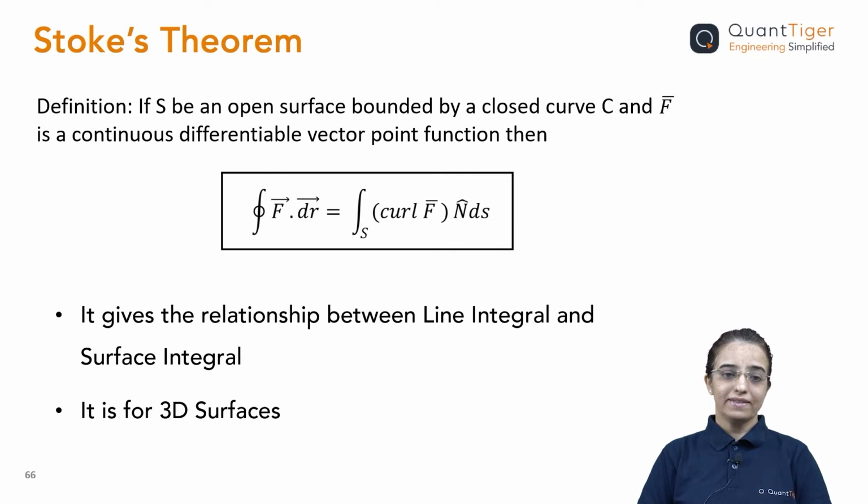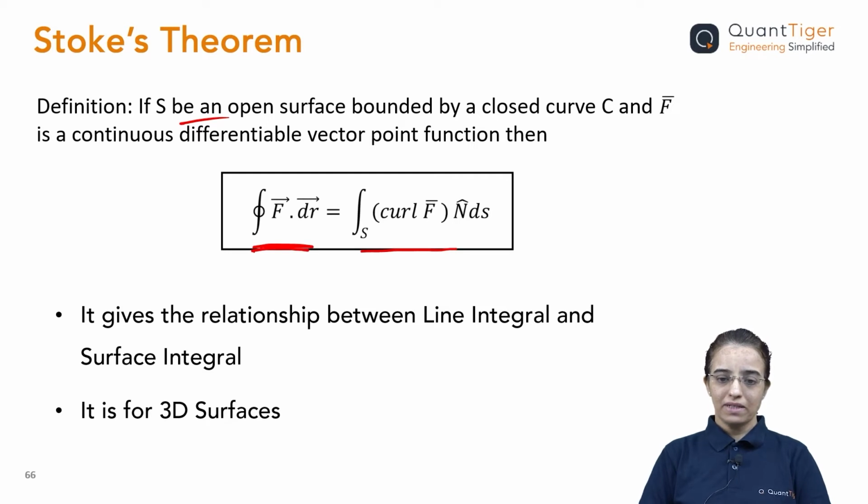So what does the theorem say? If S is any open surface bounded by a closed curve C and f vector is a continuous differentiable vector point function, then if you take the line integral along any closed curve C, which is nothing but the left hand side, it will be equal to the surface integral of that surface, which will be a 3D surface.